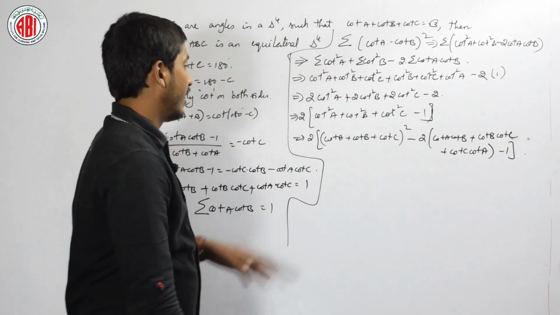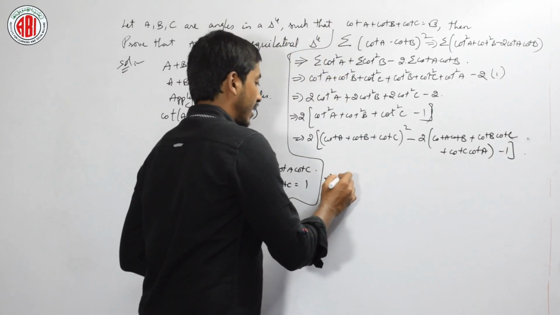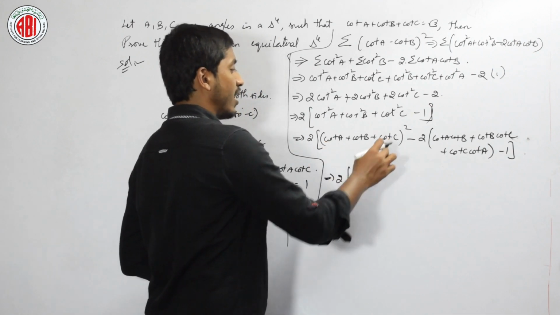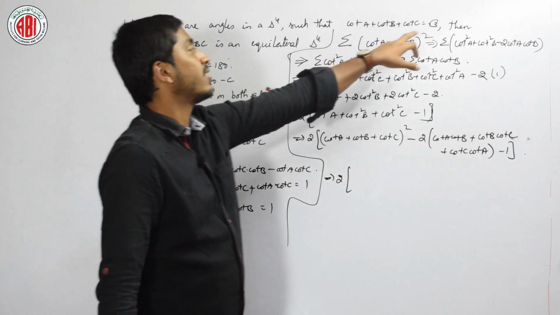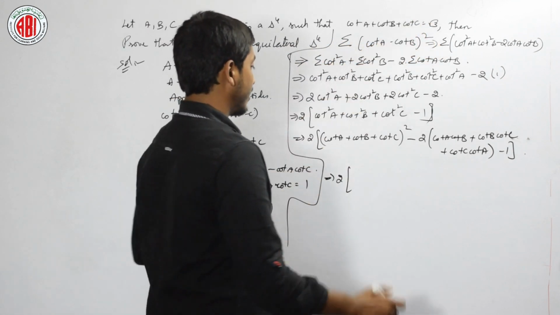Is it right? Now check here. This whole thing is cot A plus cot B plus cot C. What is the value of that? It is given as root 3. Now let us substitute it there.